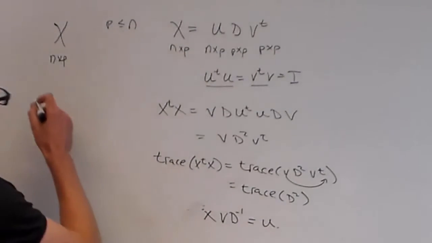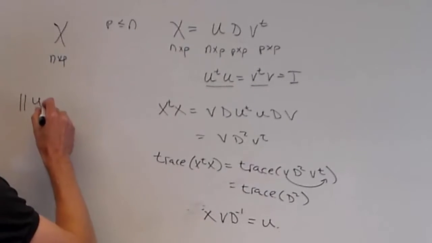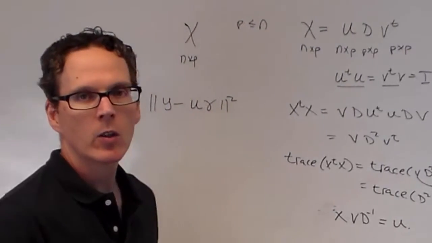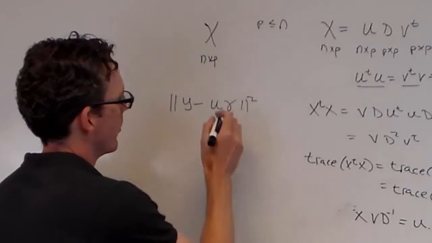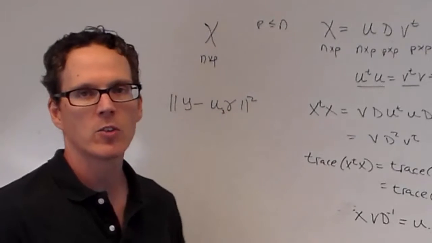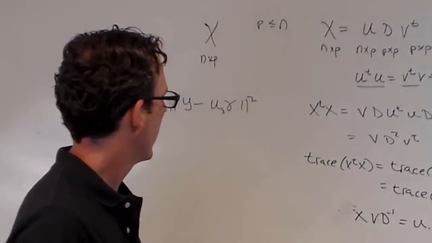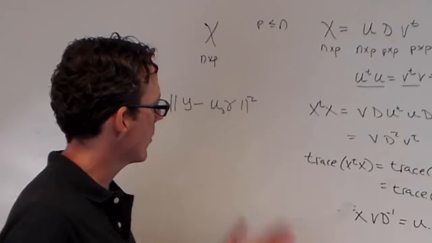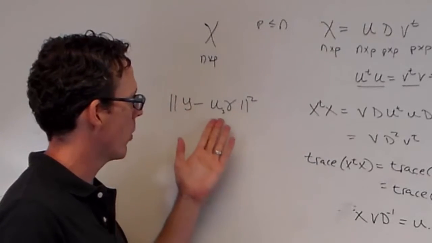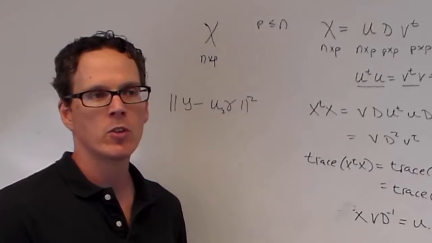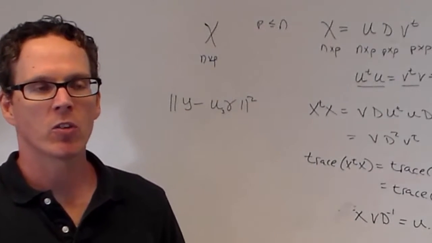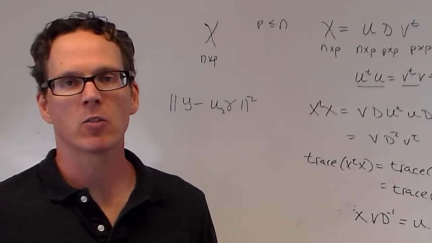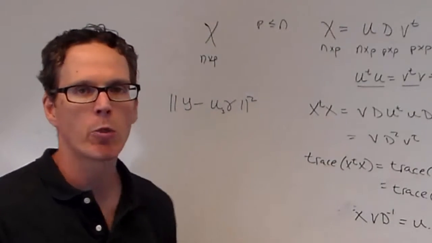So we could then try to minimize the norm of y minus u gamma, squared, where I put a little 3 under my u because I just happen to grab the first three columns of u. What this means is I'm trying to regress y on a design matrix u, but my u was selected in a way to capture as much variation as possible in my x. Of course, I'm just using 3 as an example.